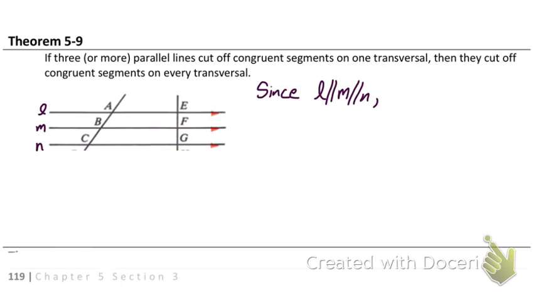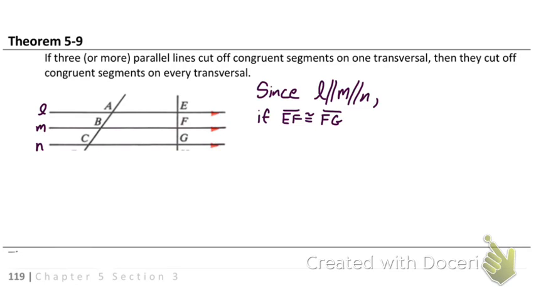Now I'm going to say if EF is congruent to FG and all three of these lines are parallel, note this is one transversal, this is another transversal.